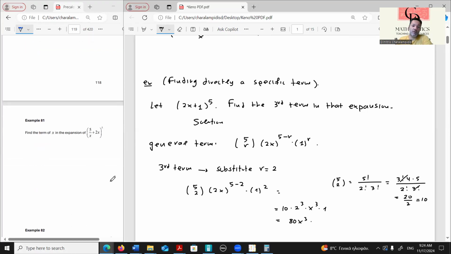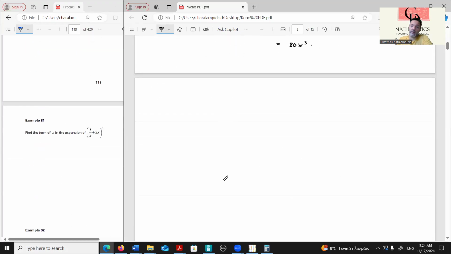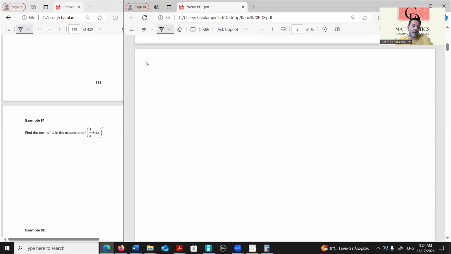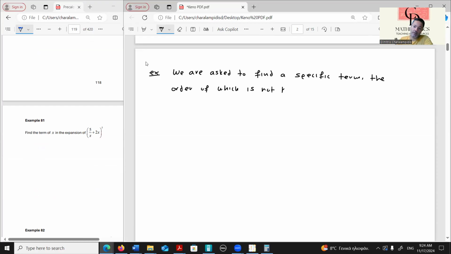Let's move to other examples or exercises in which we are asked to find a specific term, the order of which is not known.